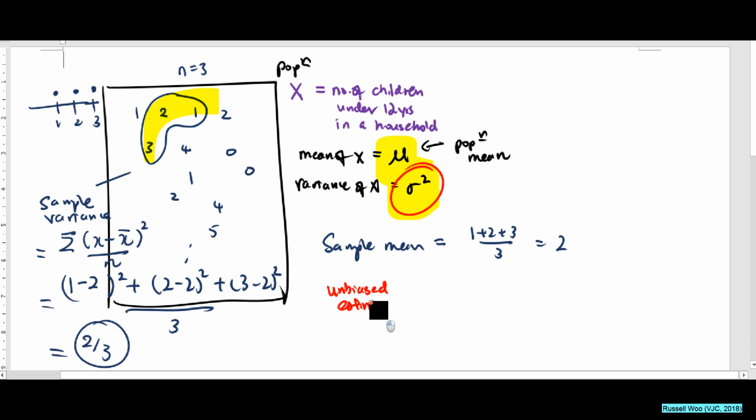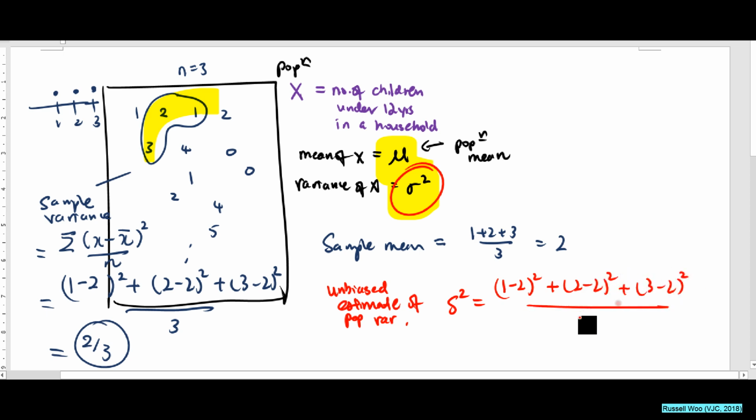Unbiased estimate of population variance, which we always use S square, is I will take 1 minus 2 square plus 2 minus 2 square plus 3 minus 2 square, divided by 3 minus 1.